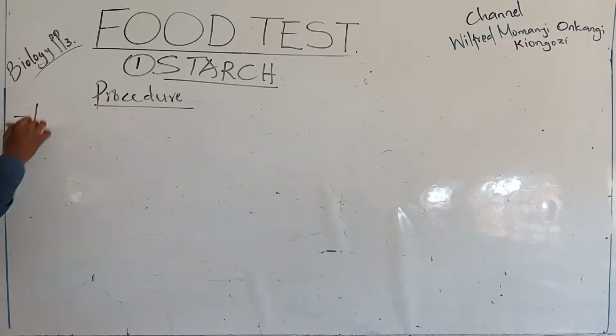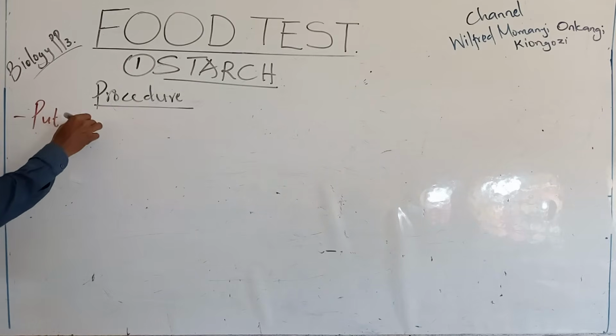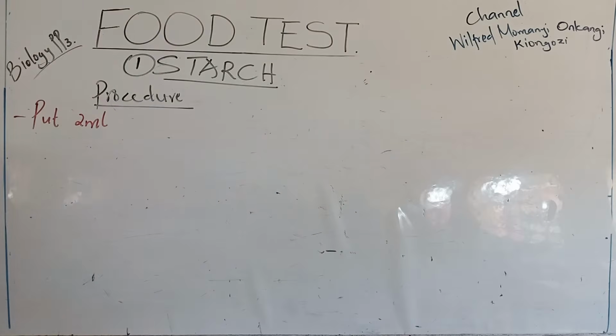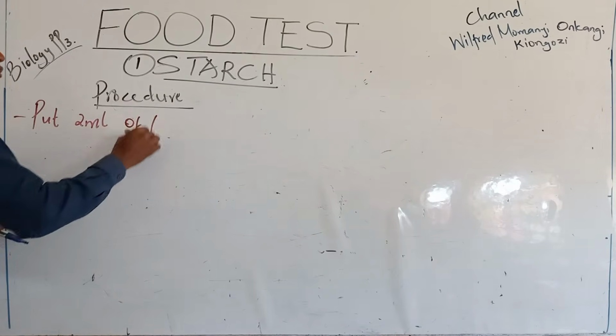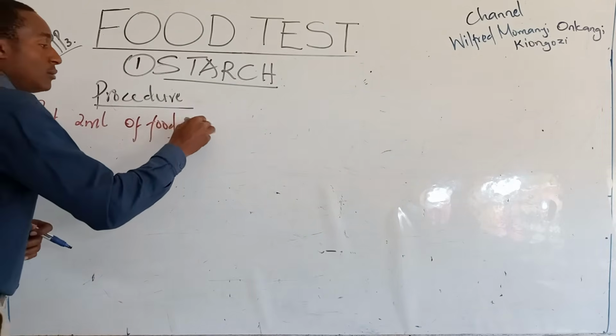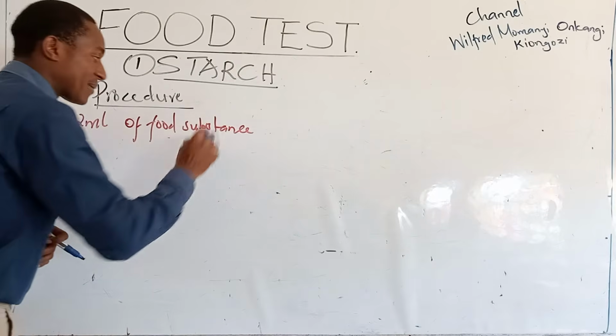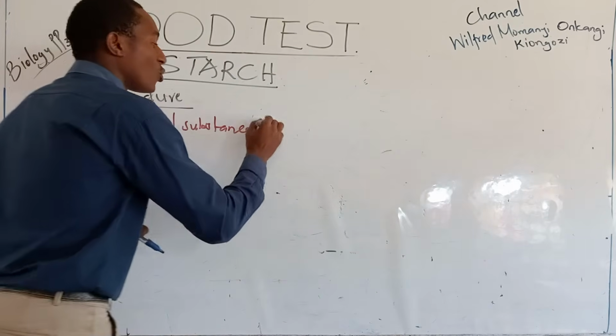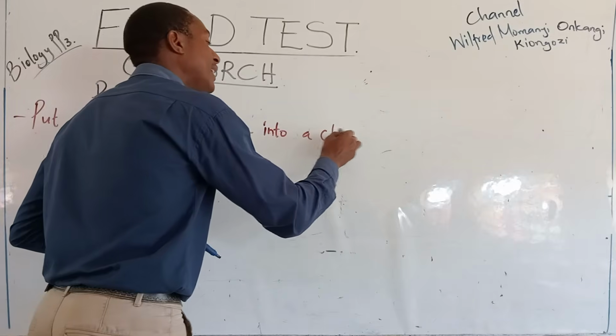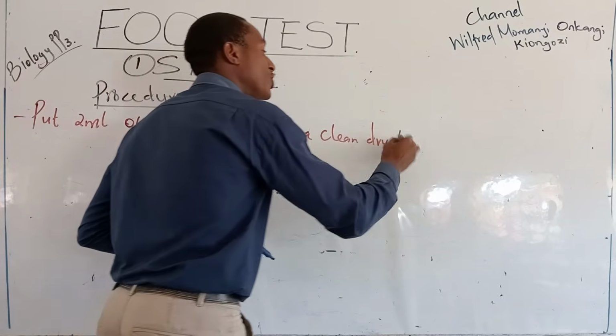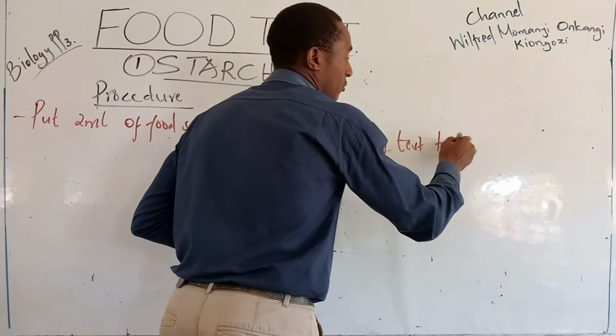So you say put, for example, 2 ml of the food substance that you are checking into a clean, dry test tube.